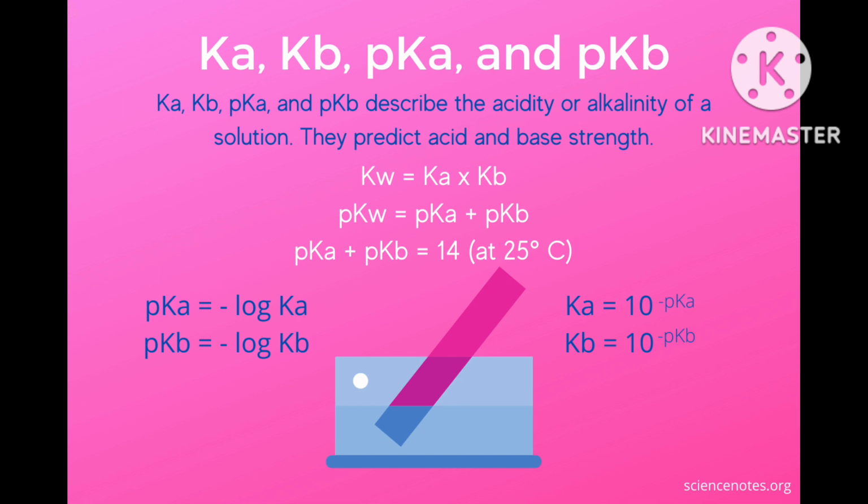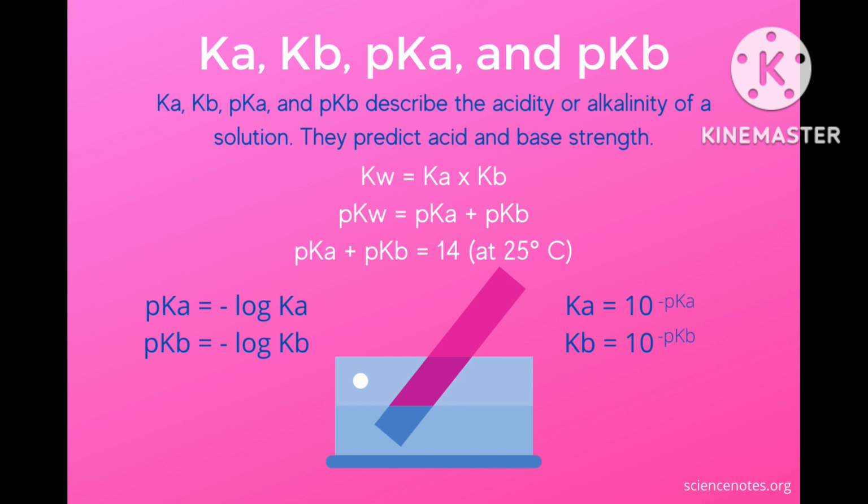Human blood 7.4, milk is a little acidic 6.8, human saliva also a little acidic 6.4, black coffee 5.0 acidic, tomato juice 4.2 acidic.